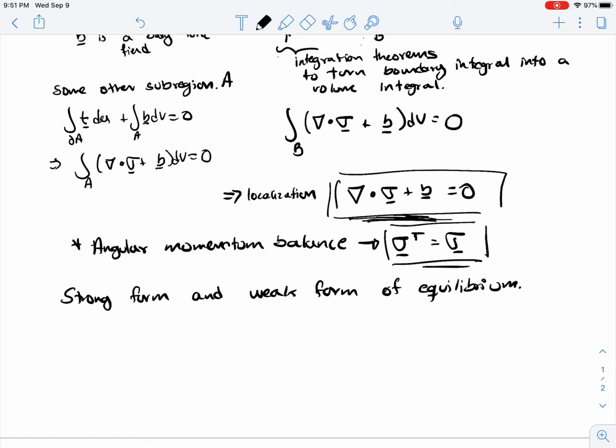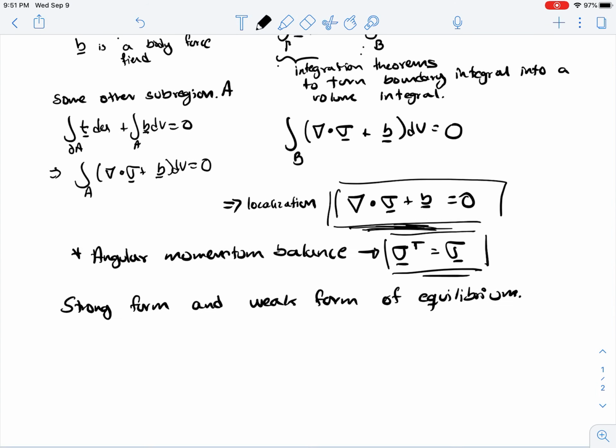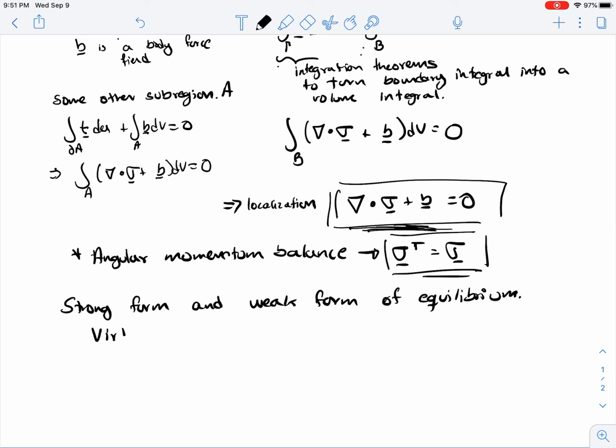So you want to reduce the degree of continuity that you need. For the mechanical equilibrium problem, that can be done with the weak form of equilibrium, which is also very commonly presented as the virtual work statement, or principle of virtual work.